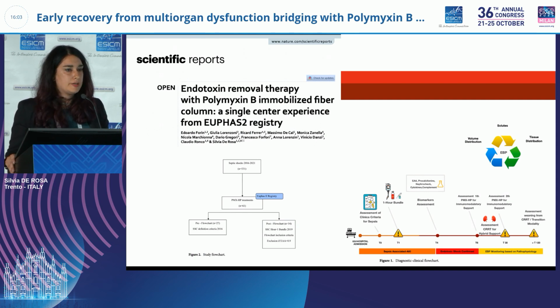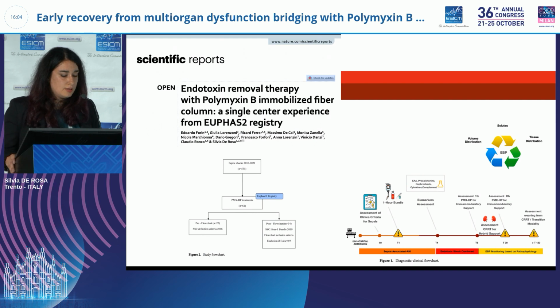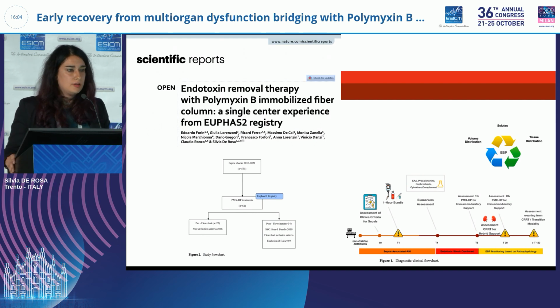We had a really expert team, and the assessment was performed based on the Surviving Sepsis Campaign criteria 2016. After 2019, we applied the first hour bundle, and we started also a flowchart with inclusion criteria, and we assessed endotoxin activity day by day until 120 hours for enrollment.